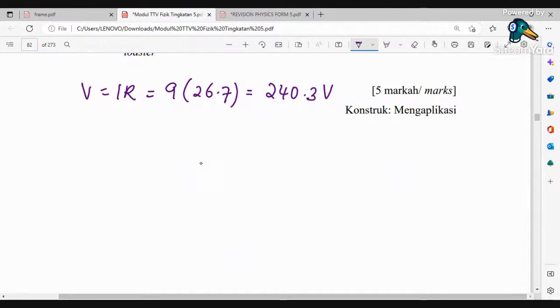Okay, power dissipated, P equals to I square R.